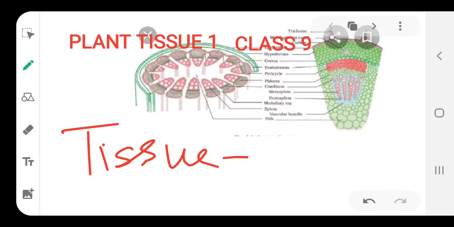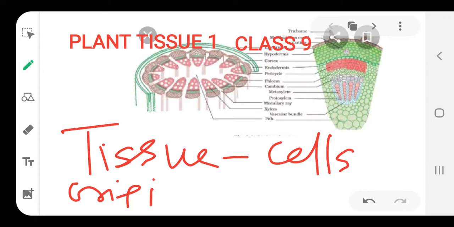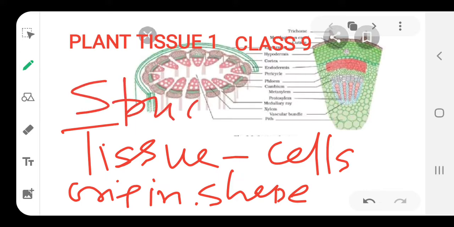They are a group of cells which are similar in origin, shape and structure. Write down all the points, and underline these words.